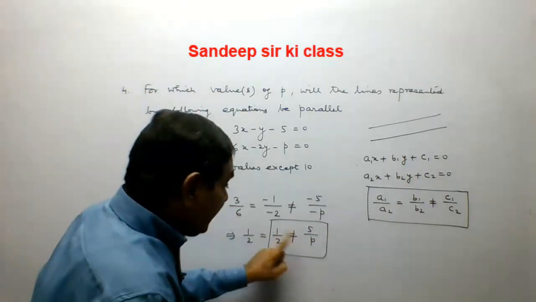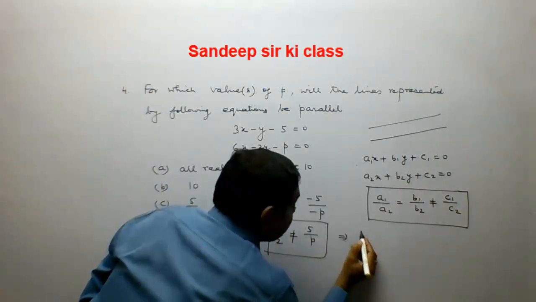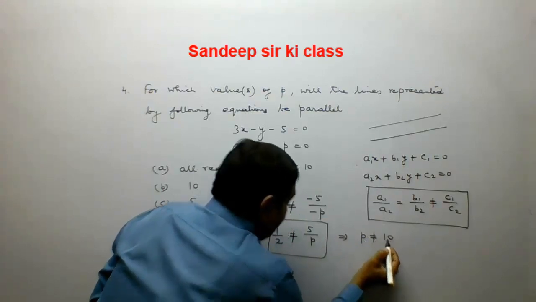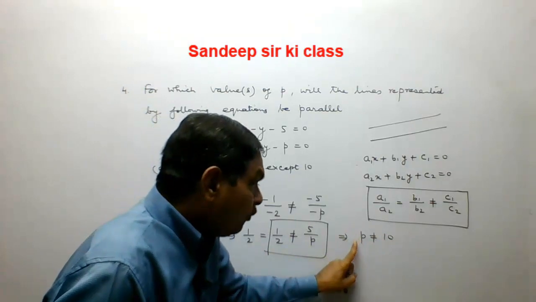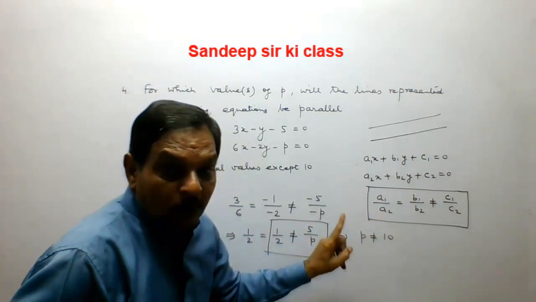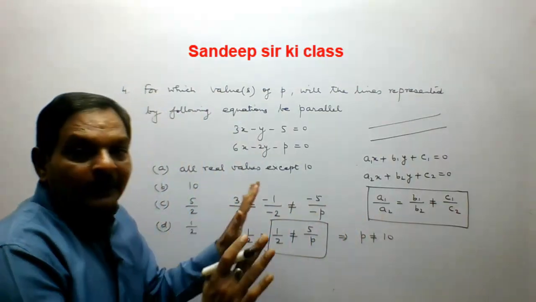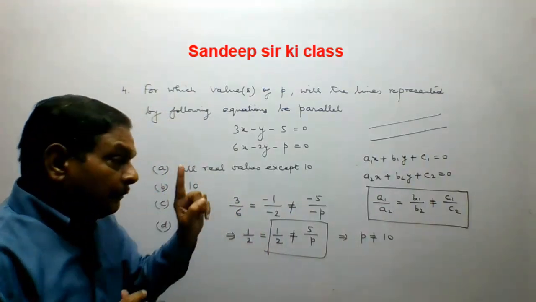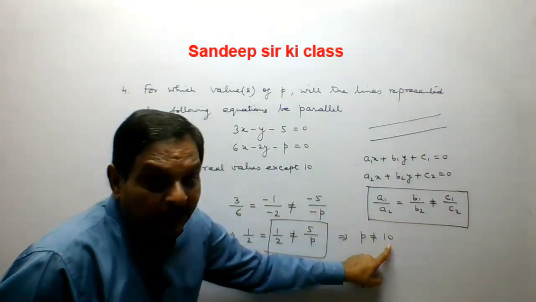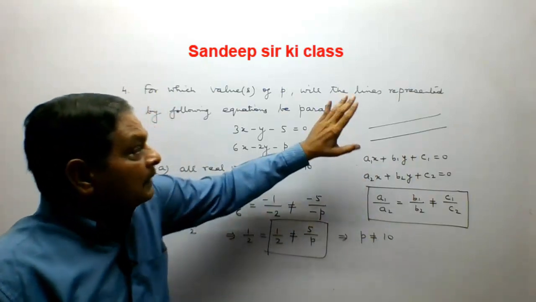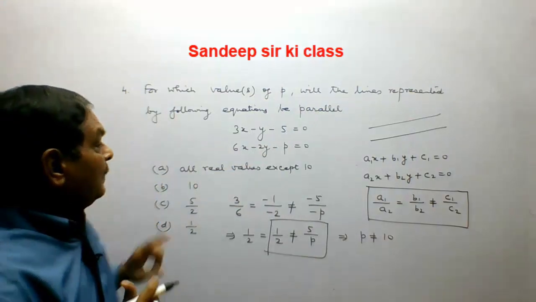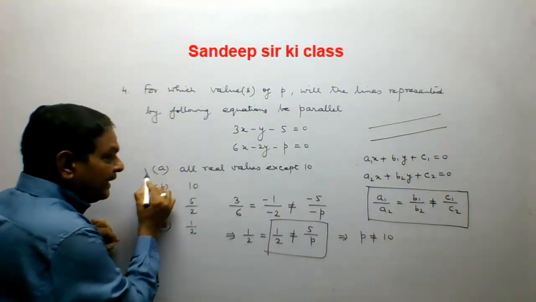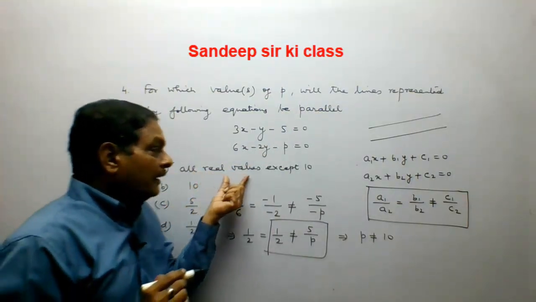This means p should not be equal to 10. 2 multiply this 5 gives us 10. That is, value of p should not be equal to 10. All real values are permitted here, but p should not be equal to 10 for the lines represented by these given equations to be parallel. So here option A is correct. All real values except 10.